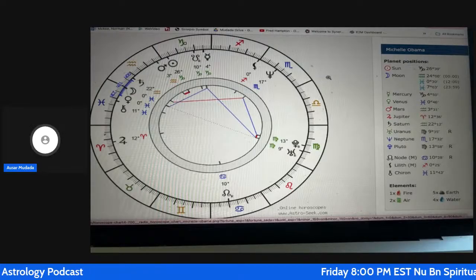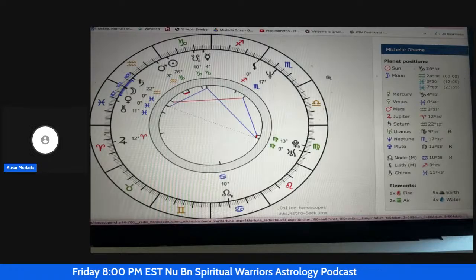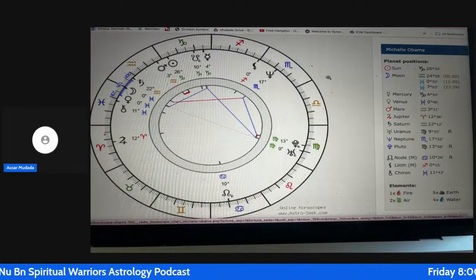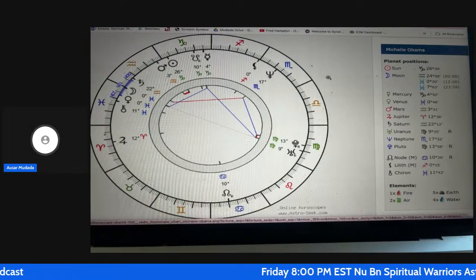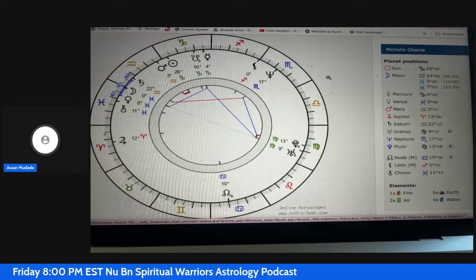The 12th house, the love being expressed there is more like a love of the spirit realm, feeling that oneness with nature, feeling that oneness with the creator, like a divine love. That was very interesting.